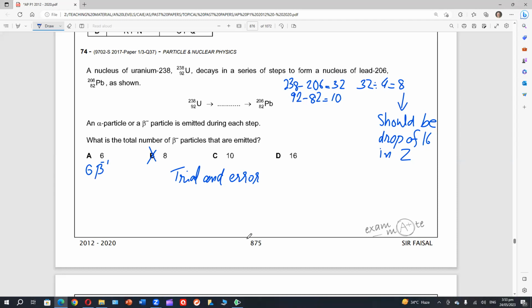If I try 6 beta, perfect. So if I take 6 beta, that 92 becomes 98. Sixteen alpha.